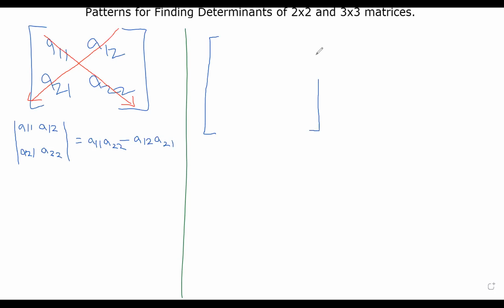Let's say you start with a 3 by 3 matrix, A11, A12, A13, A21, A22, A23, A31, A32, and A33.